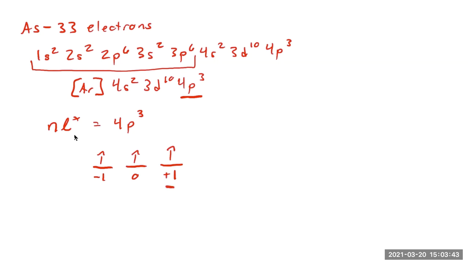So that means the quantum numbers for arsenic are: your n is 4, your l, since we're in the p, has to be 1. We ended up in the +1, so that's another 1.